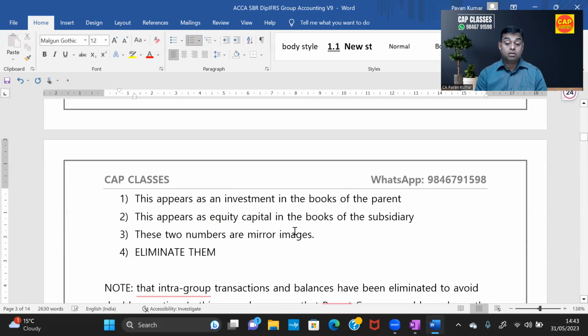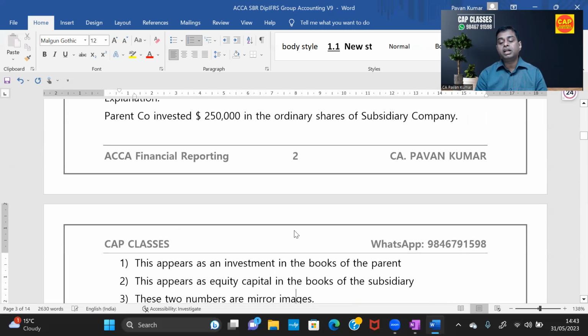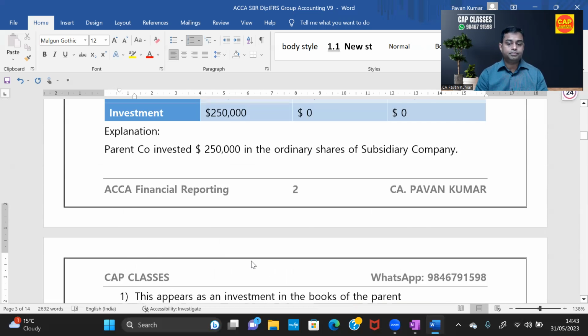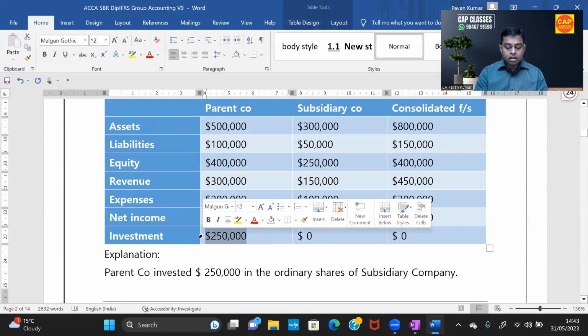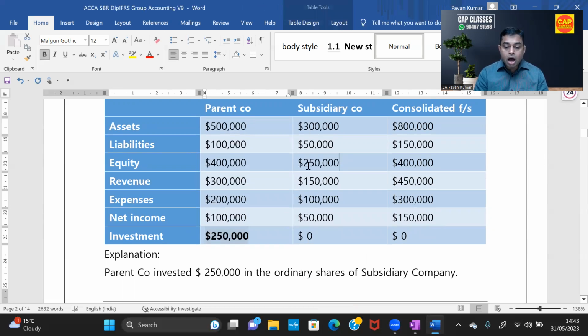Now, if you are smart enough, you might get it out here. What if this number and this number are not matching? The parent company need not, or practically speaking cannot, invest in the subsidiary company based on face value, no?